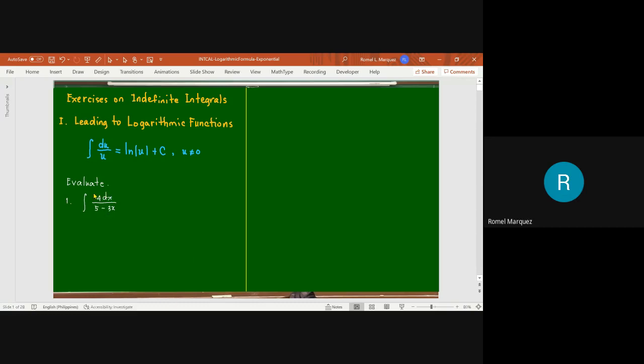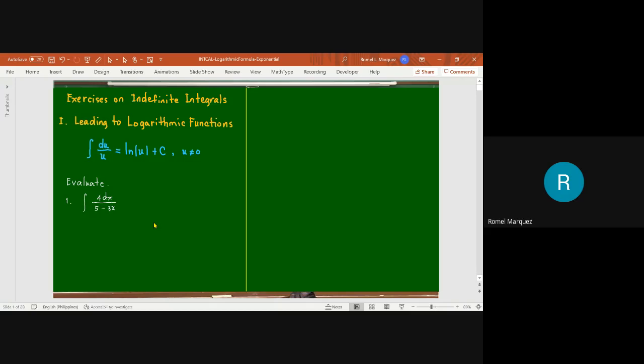If you have a quotient form of integrand, you try if you can have the integral of du over u. But of course, not all the time, because it is possible that it is also a quotient, but you can apply the general power formula. But to be the integral of du over u, the denominator is supposed to be your trial u.